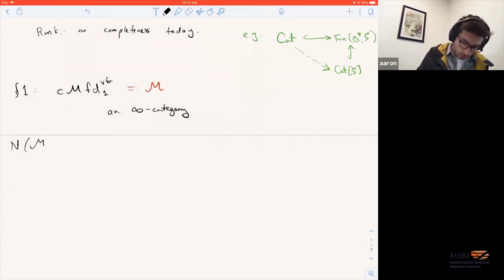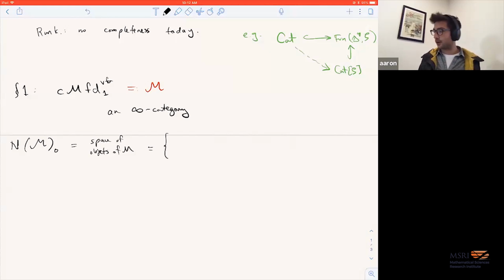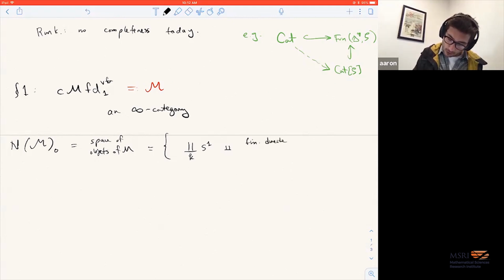So the nerve at level 0, this is the space of objects of M. They are the following: finite disjoint unions of circles along with finite directed graphs.